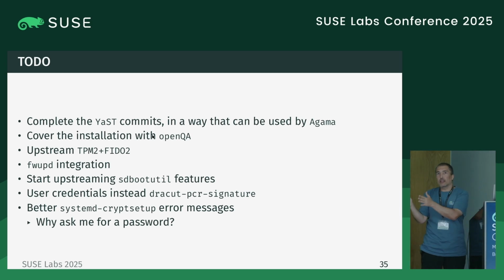Actually, we are committing the code. The same tool that we have in Factory, we are making sure that it's also in SLE Micro, whatever the name is today. I don't remember. Yeah, it's SLES 16. So the code is there, and it's up to the installer to decide if this is going to be activated or not. But this is the goal, obviously, because we believe it's a better approach than one based on GRUB.